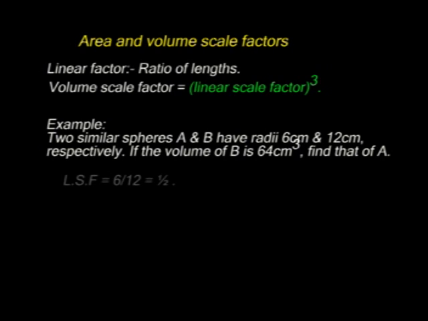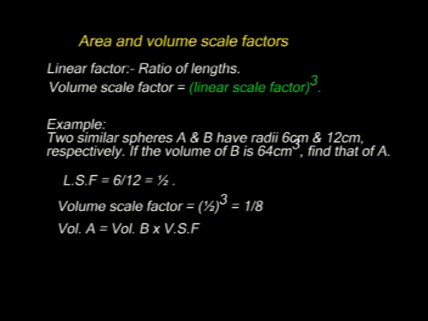We shall have 6/12, which is a half. The volume scale factor is linear scale factor cubed, so a half cubed gives us 1/8. The volume of A will be given by volume of B times the volume scale factor. So volume of B is 64, we multiply by 1/8 to give us 8 cubic centimeters. A has a volume of 8 cubic centimeters.